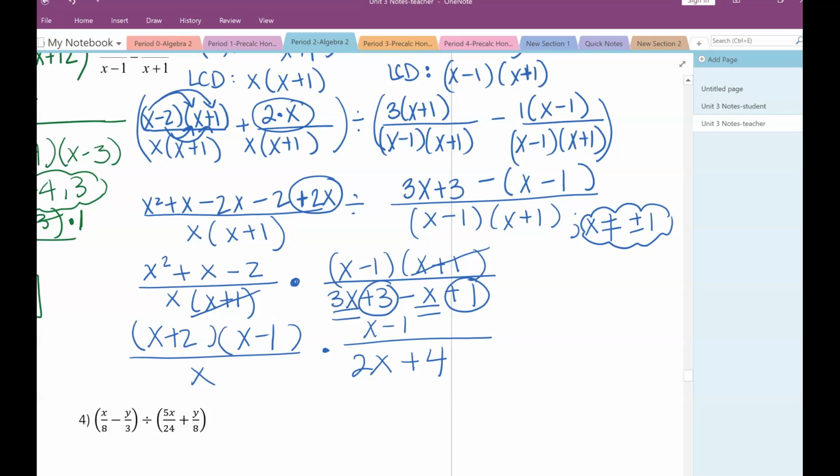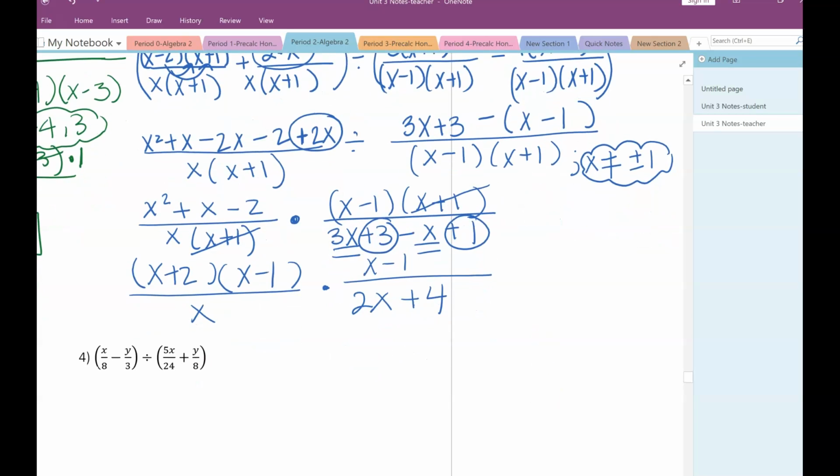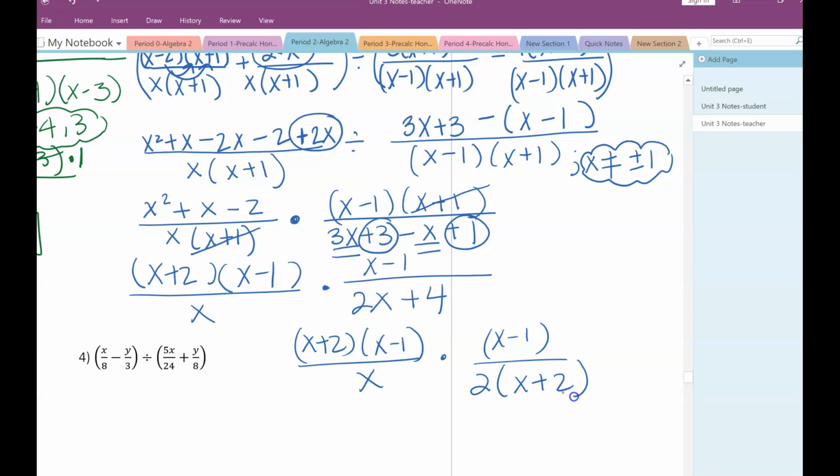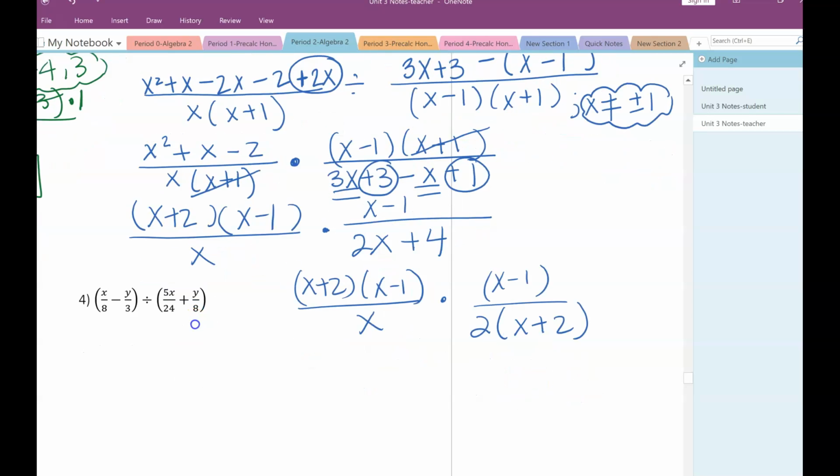Yes. Okay. So x plus 2 times x minus 1, copy that over x times x minus 1, take out a 2. You have how many x's left? X plus 2. Can we do anything? What can we do?